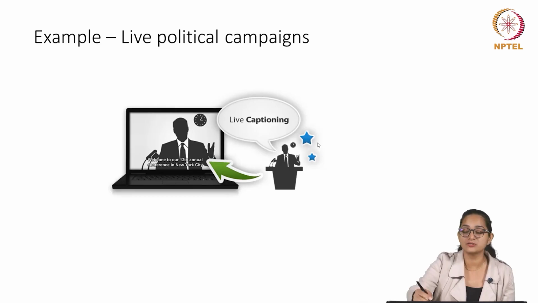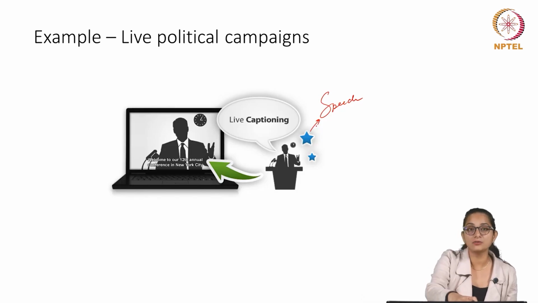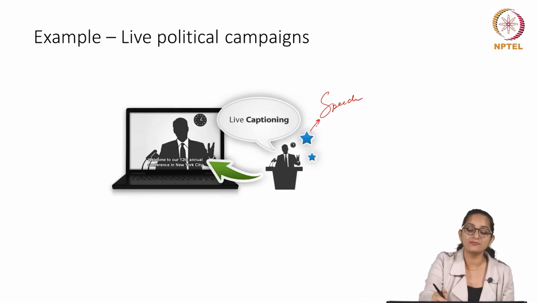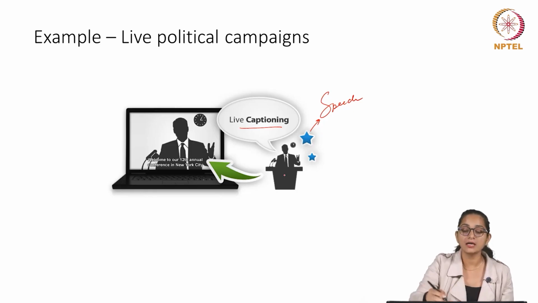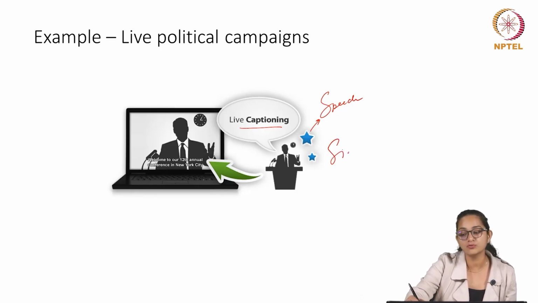There can be somebody who's delivering a speech, and the video which is being played in the same stadium or auditorium is able to have live captioning generated in real time, and thus the gathering becomes accessible for persons with hearing impairment, because not all people may know sign language.